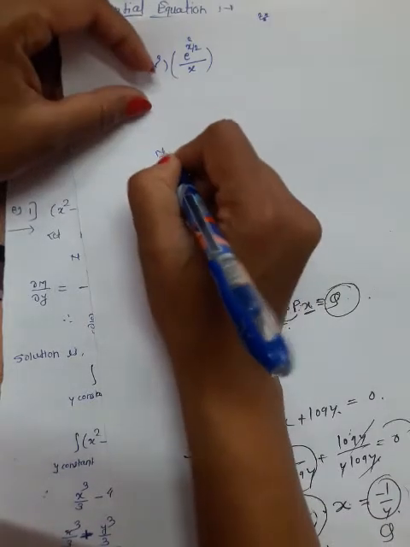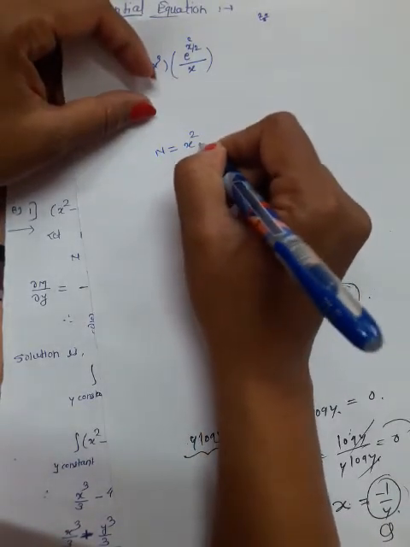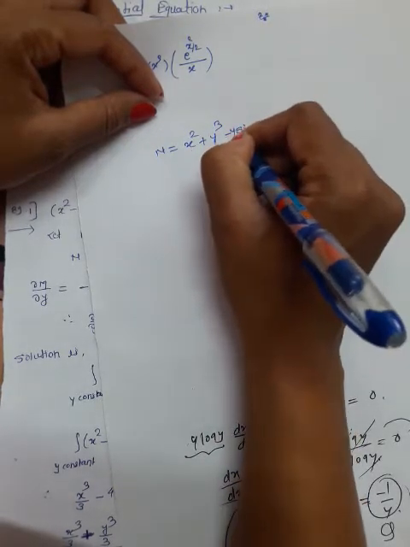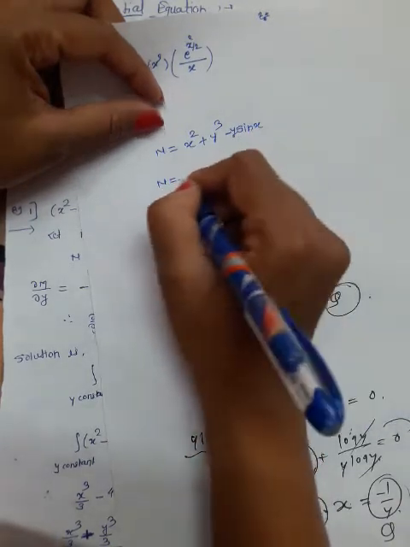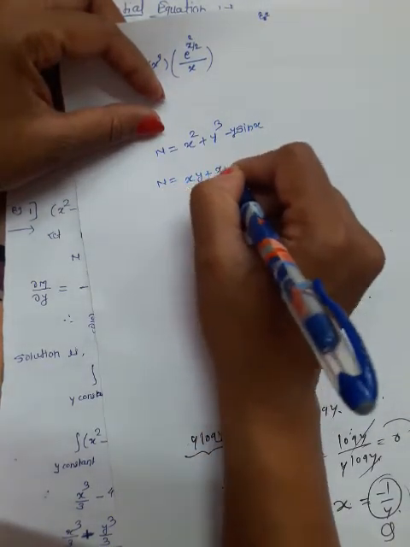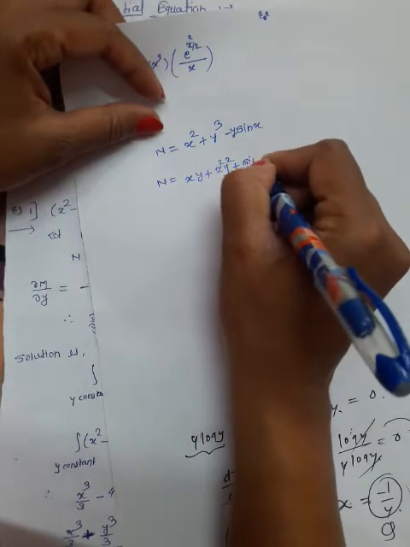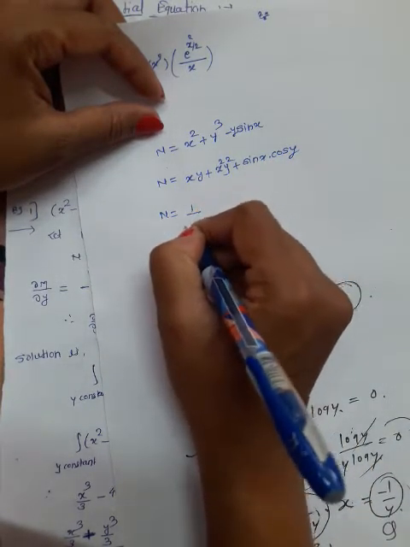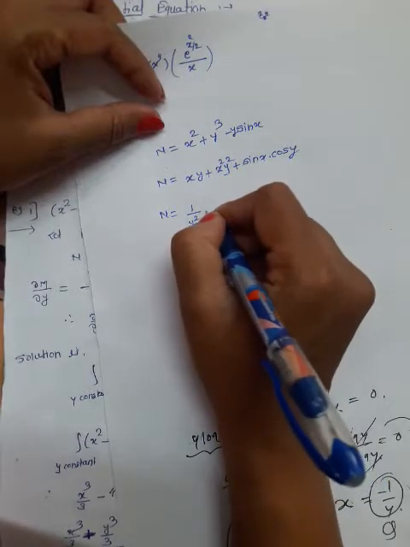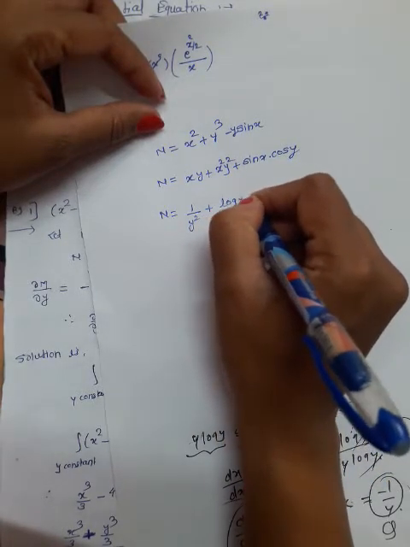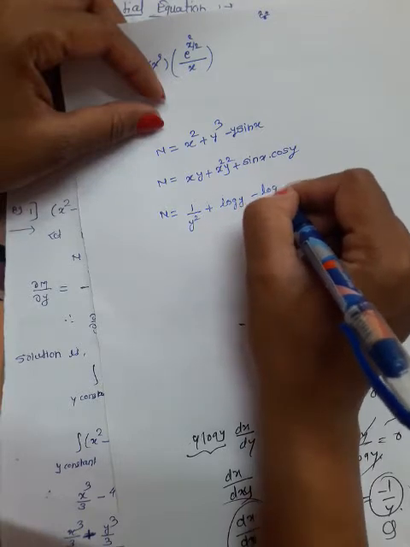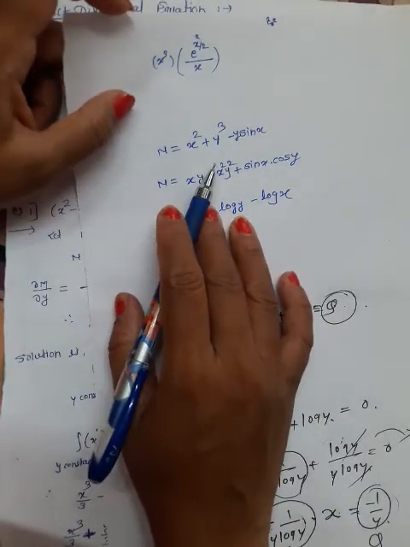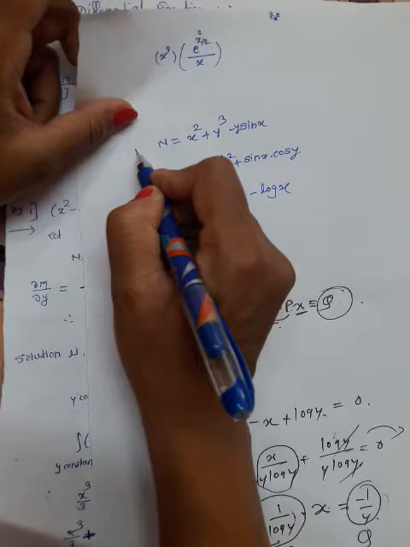Suppose these are three examples of expressions for N. This is my first example where N is this.